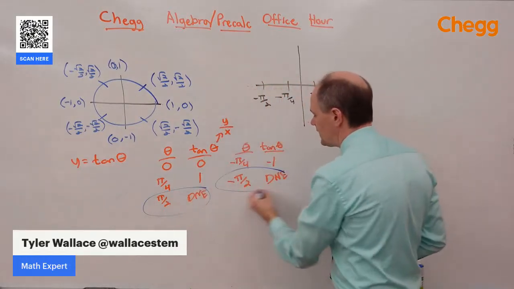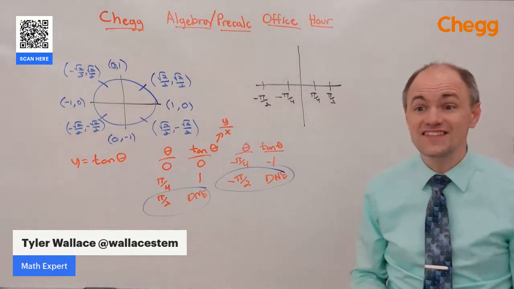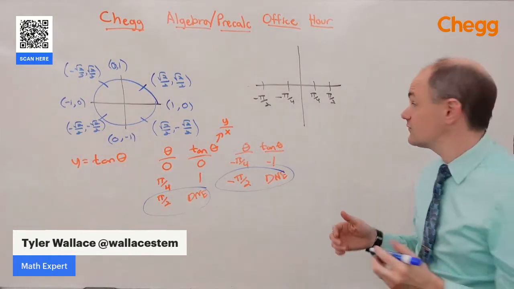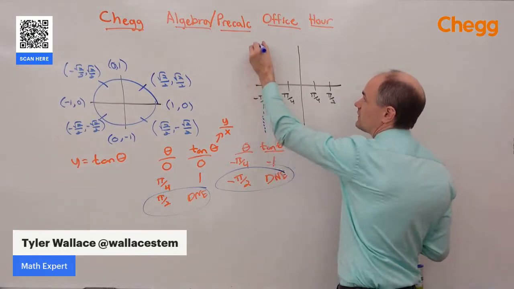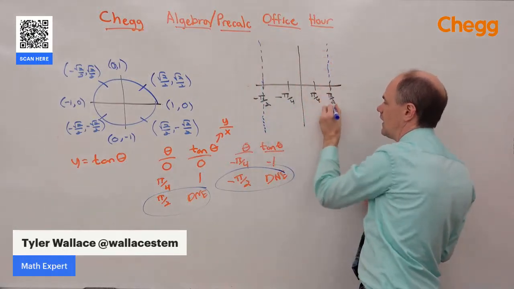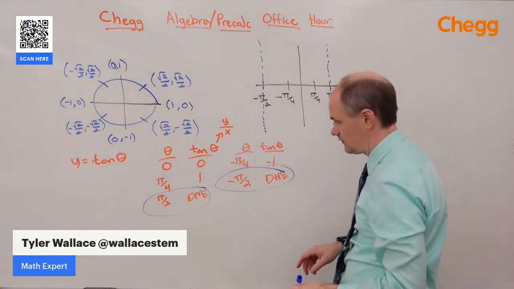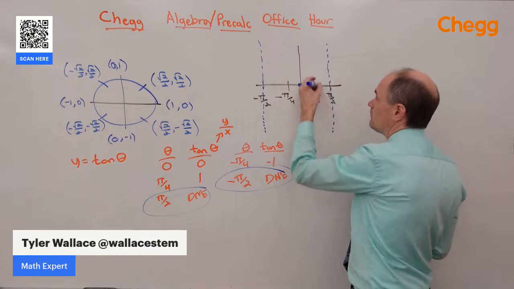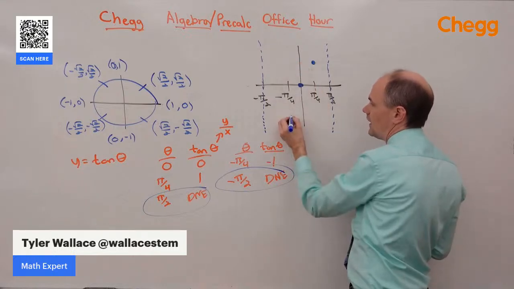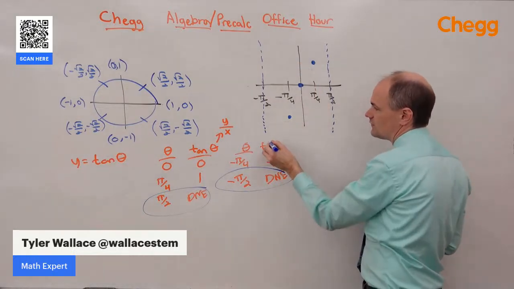At pi over 2 and negative pi over 2, the graph is undefined. The reason for that is because we're dividing by 0, it's going to create these vertical asymptotes. Then we've got a point at 0, 0. At pi over 4, it's 1. At negative pi over 4, it's negative 1.